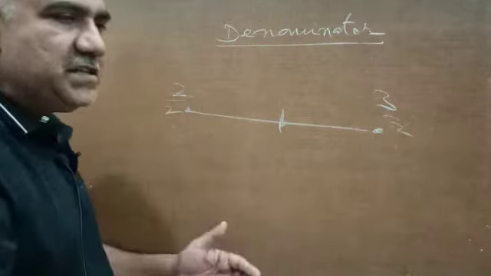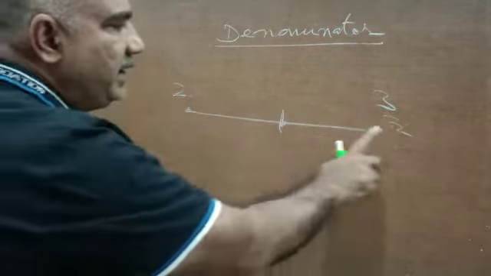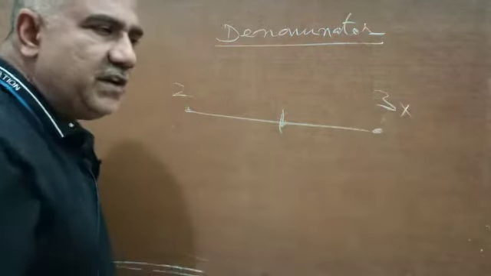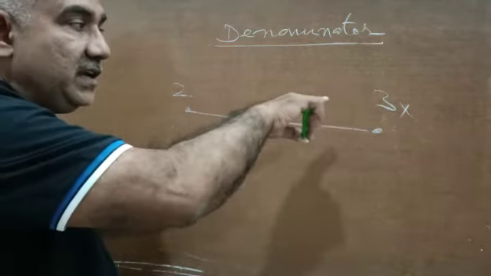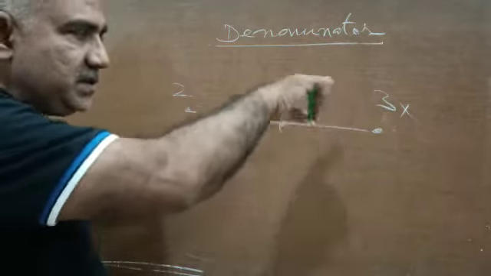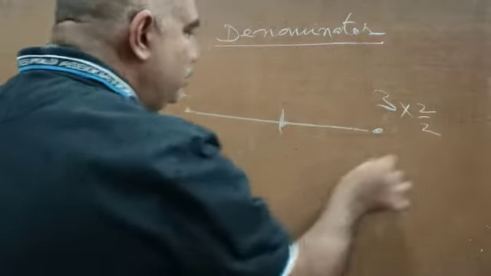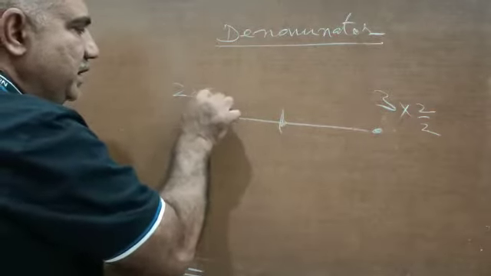We were asked to find a number between 2 and 3, not between 1 and 1.5. So our task is to ensure that this remains 3 and the quantity below it also gets 2 as denominator. So I will multiply by 2 by 2 here, and also here 2 by 2.